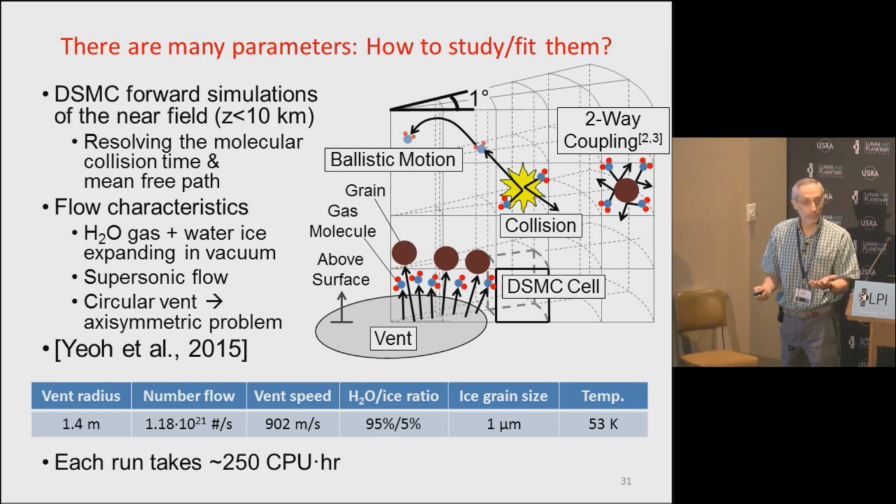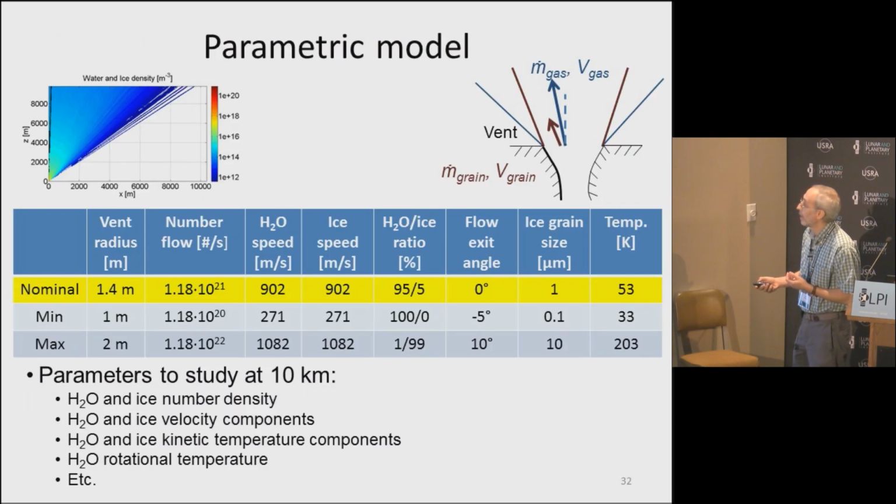What we've now done is we've completed a sort of vast parametric survey of parameters like that, where we have systematically done hundreds of DSMC simulations where we varied the vent radius about a nominal value. We varied the number density in the flow about that nominal value, the gas speed, the ice speed, the ice to gas mass ratio, the flow exit angle, the ice grain size, and the temperature.